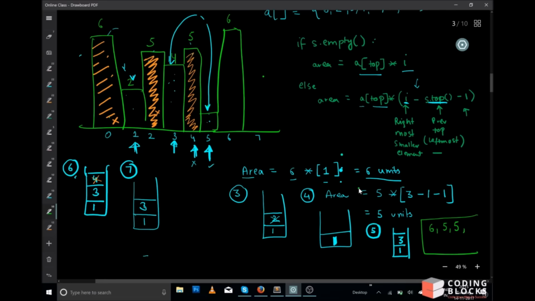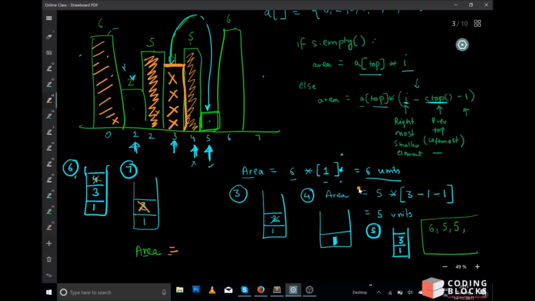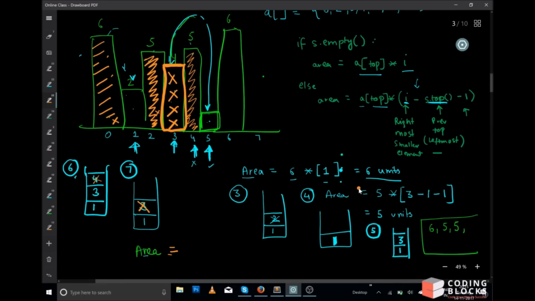Now let us compute the area again, because this bar is providing hindrance to this block, right? So what I'm going to do, I'm going to remove this bar now. So this bar is now getting removed, and we know the rightmost smallest element is at the 5th index, right? So considering that this is the minimum height bar, what is the maximum area I can form due to this?